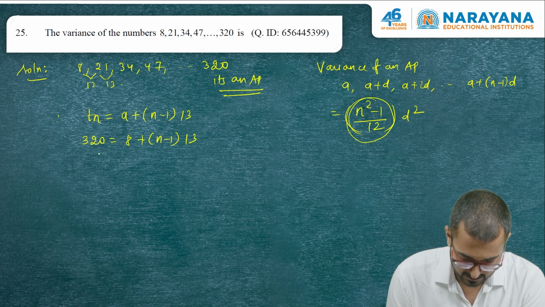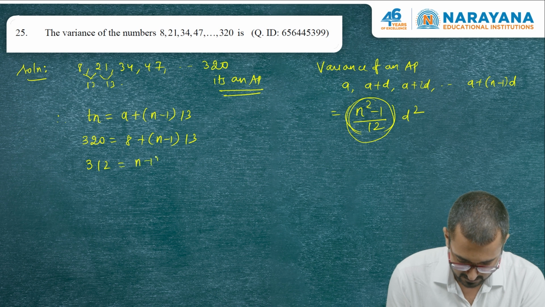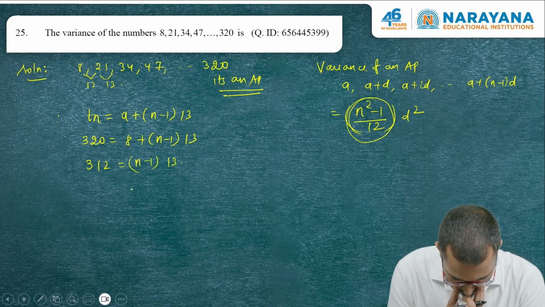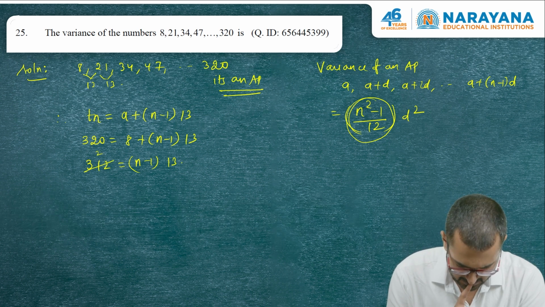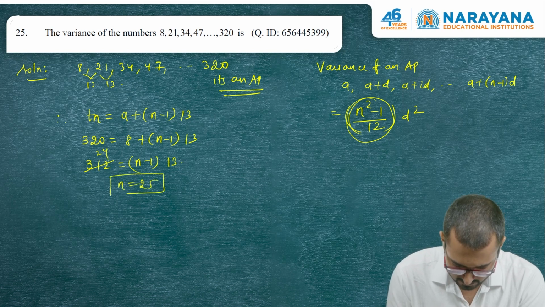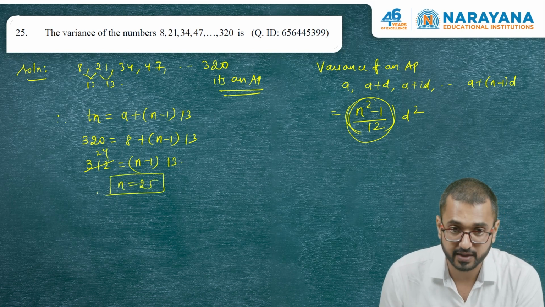So 320 minus 8 is 312, which is equal to (n minus 1) into 13. So n minus 1 is 24, and n is equal to 25. That means 25 terms are there.